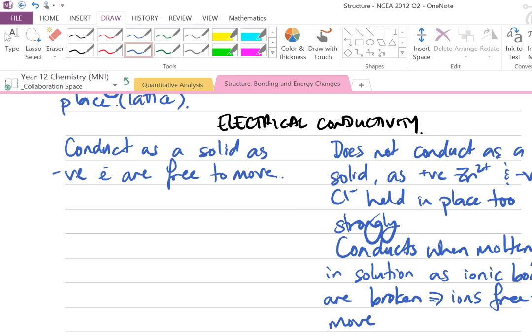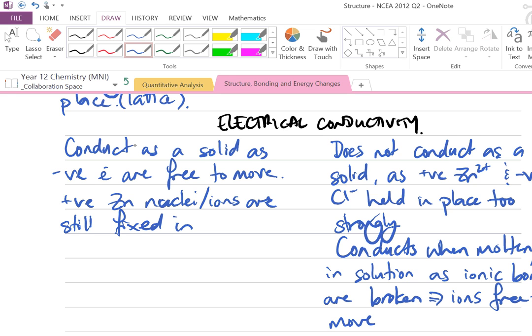Okay, last bit. We're getting through it pretty quickly. So you notice that there's not much to say about the electrical conductivity of a metal. The only thing I probably could add there is just a comment that the positive zinc nuclei or ions are still fixed in space, fixed in place.